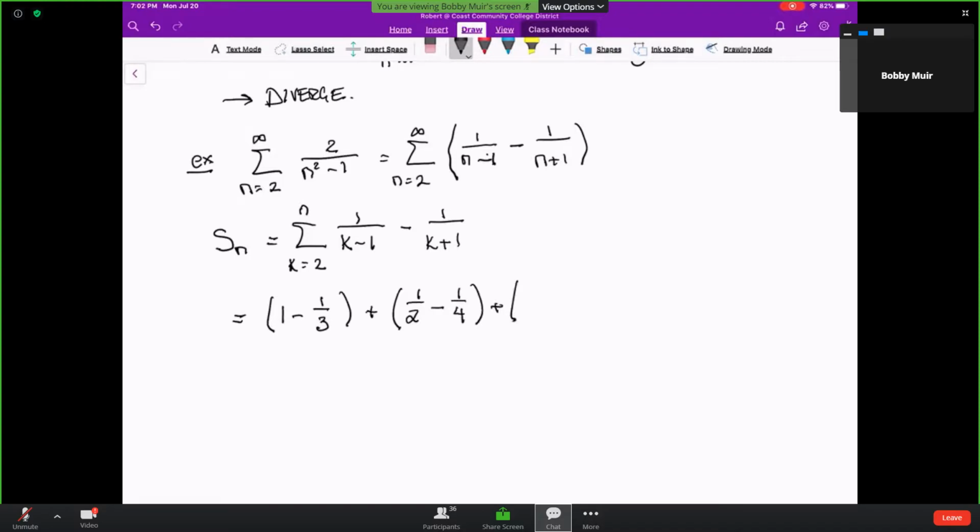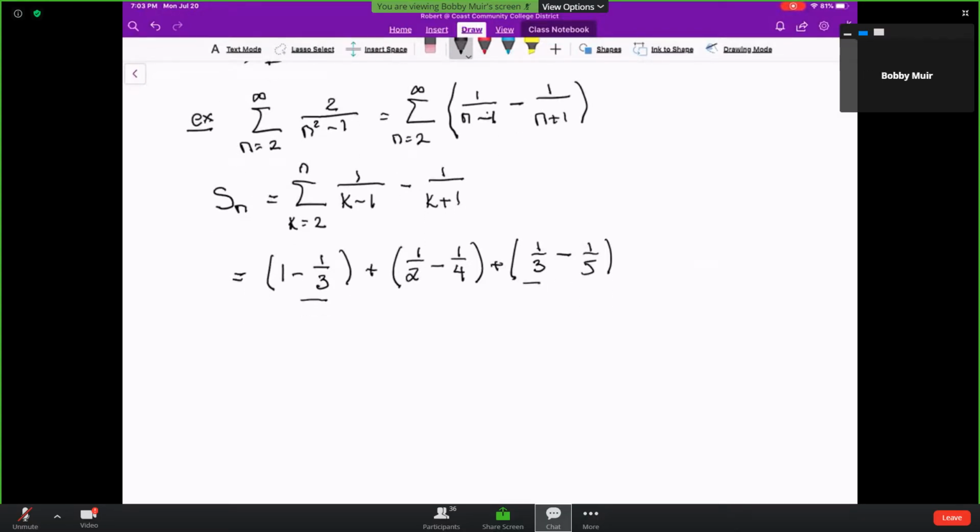And then when k is 4, 1/3 minus 1/5. Okay, so what's happening here is this guy is going to cancel with that guy. Okay, if I keep going with this, k equals 5, 1 over 4 minus 1 over 6. Okay, and so what we're seeing here are these guys are going to cancel, right?